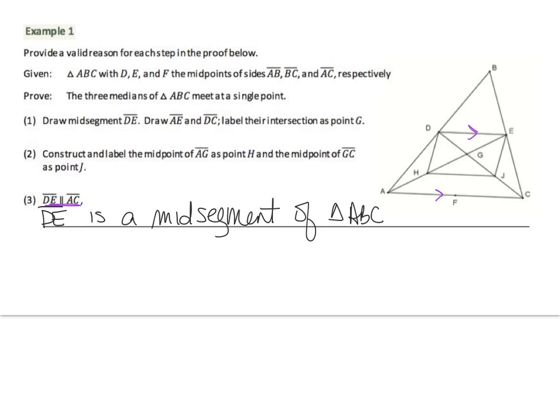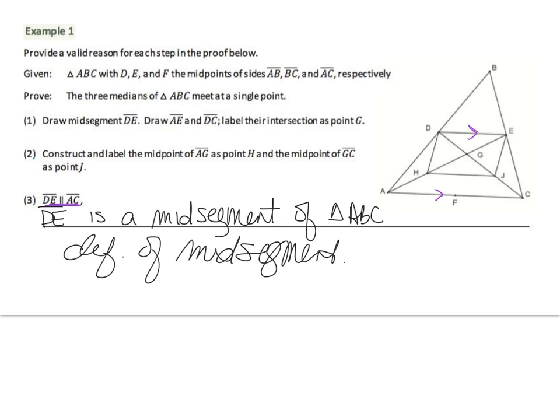So first of all, segment DE is parallel to segment AC. DE is the midsegment of triangle ABC, so we have the definition of midsegment. That makes sense.